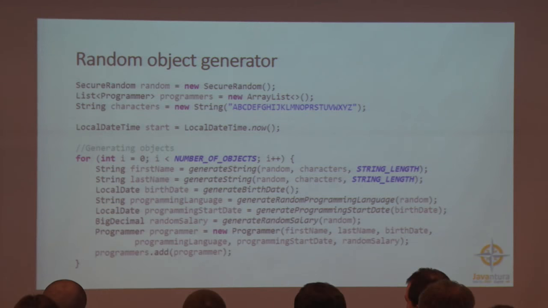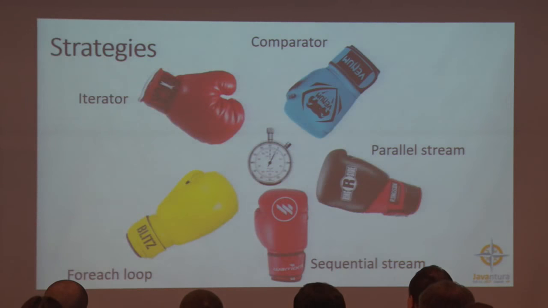Do you search through your database and fetch the whole list from the server to the client? Well, let's see. We have a big battle among many different strategies. One is the for each loop, the other one is the plain iterator, and of course the comparator, the parallel stream, and the sequential stream. So let's see who wins the battle.